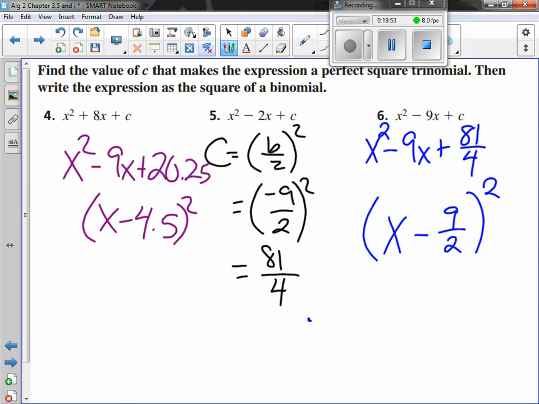Because if I told you to take the square root of 81 over 4, well, the square root of 81 is 9, the square root of 4 is 2. We can do that, yes? If I told you to take the square root of 20.25, that's a little bit harder to do, isn't it? That's why sometimes it's easier to work with fractions, because we can see those perfect squares a little easier.